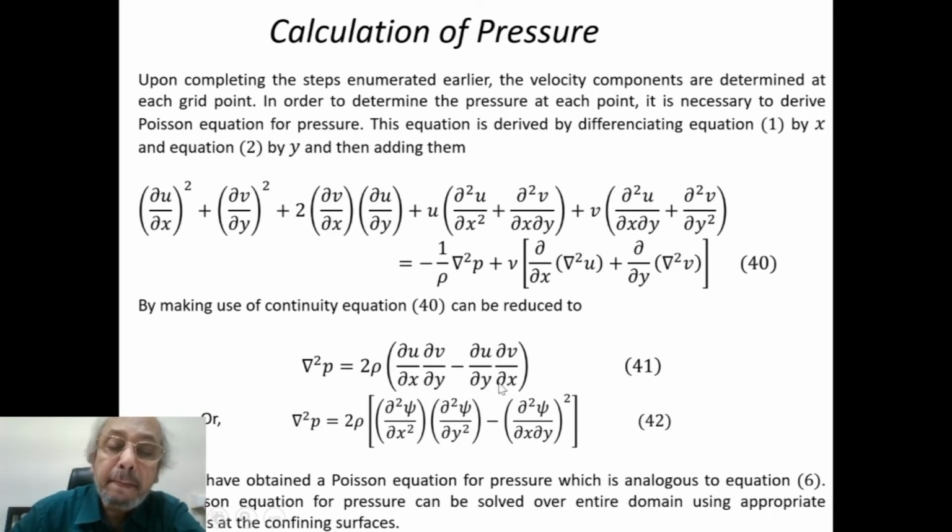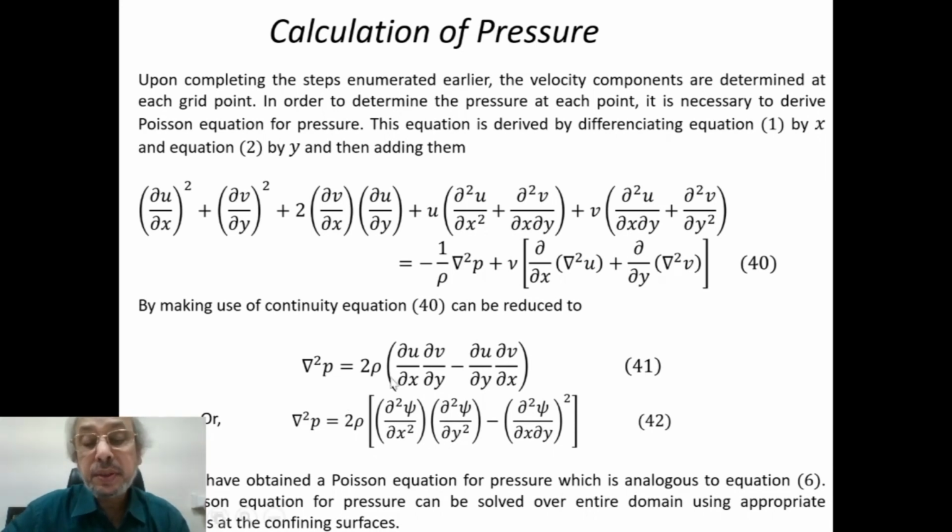And now in the domain, what is the value of u and the value of v with respect to psi? Del psi/del y equals u, and minus del psi/del x equals v.